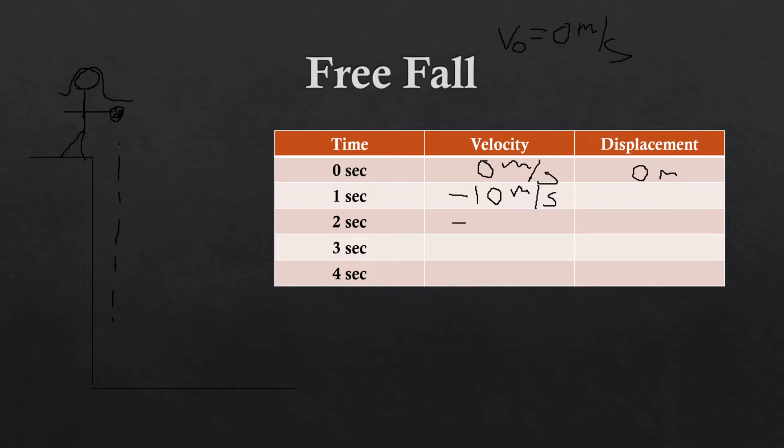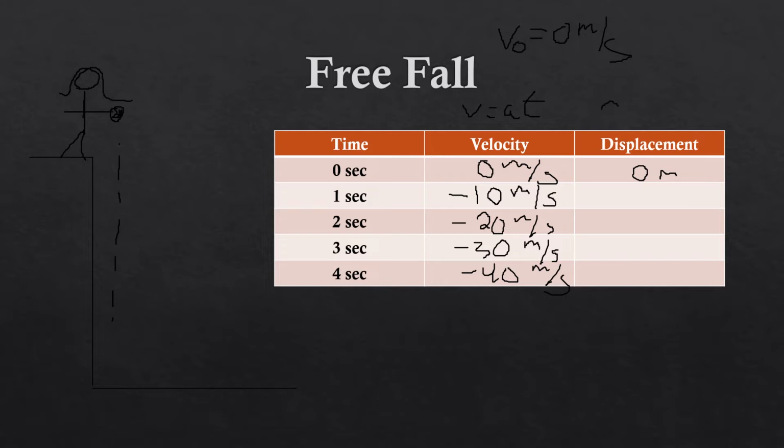After 2 seconds, -20. -30, -40. Hopefully we remember this, but if not, we're just adding the gravity every single time. Gravity, we know, is -10. We're just doing -10 times the time that it's been in the air. So -10 times 1, -10 times 2, simple.